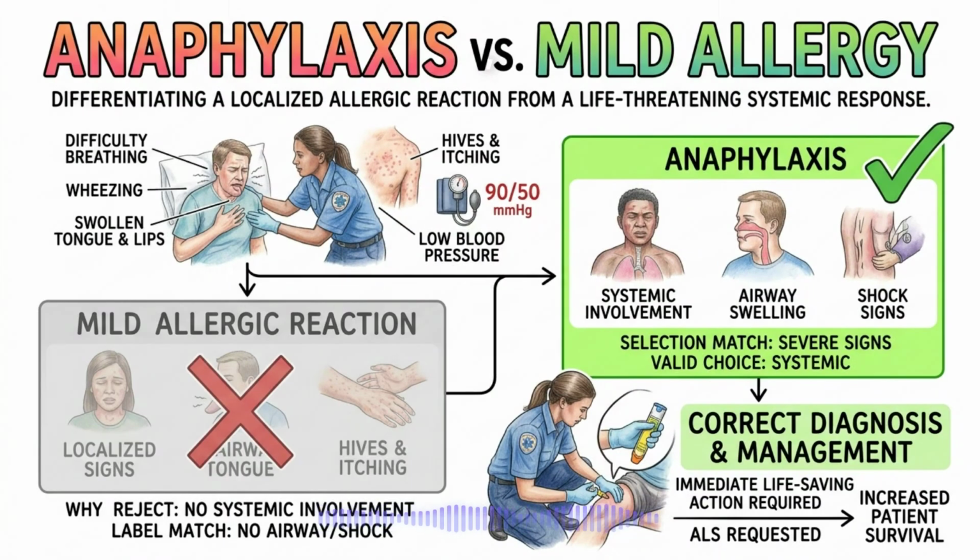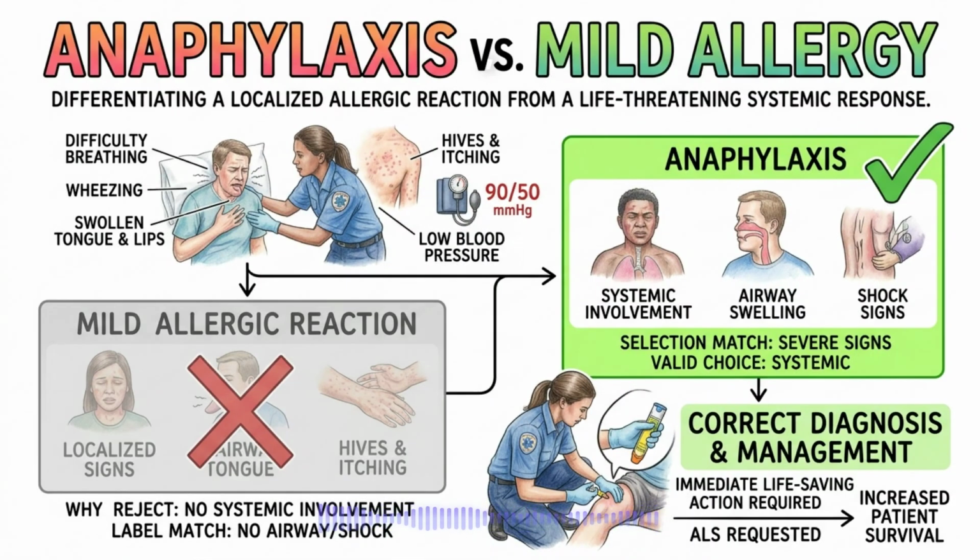Allergic reactions are another frequent medical call, but you must differentiate between a mild reaction and a life-threatening one known as anaphylaxis. A mild reaction might just cause a local rash, some itching, or hives, and does not require immediate life-saving intervention.